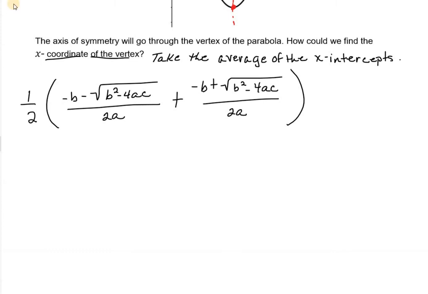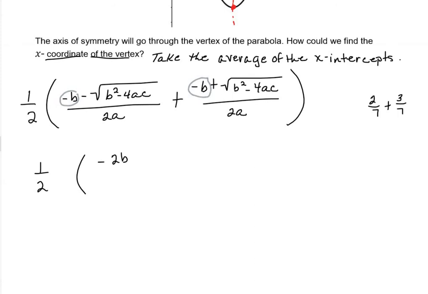Okay, so let me give you an explanation of how this goes if you didn't quite get that. The part that's in parentheses, you're just adding two fractions. It's just like 2/7 plus 3/7. You just add the two numerators together. The denominator stays the same. So when I add my two numerators together, I have negative b here and a negative b here, and that's going to add to give me negative 2b.